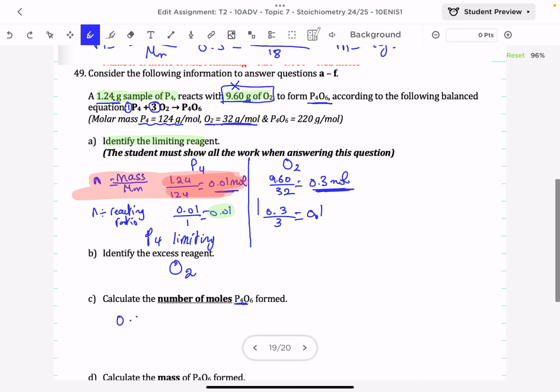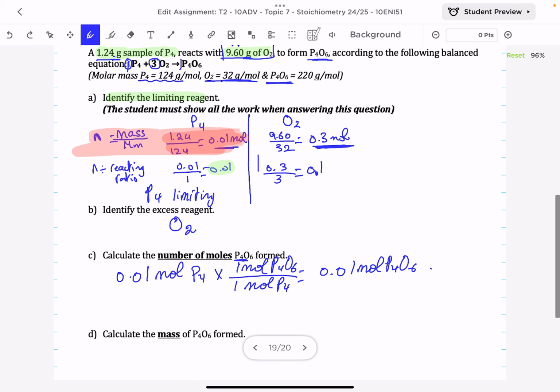So here, 0.01 mole of P4 times, I'm looking at P4O6, 1 over 1. 1 mole P4O6 over 1 mole P4 equals 0.01 mole P4O6. Done. Another question. Calculate the mass formed.